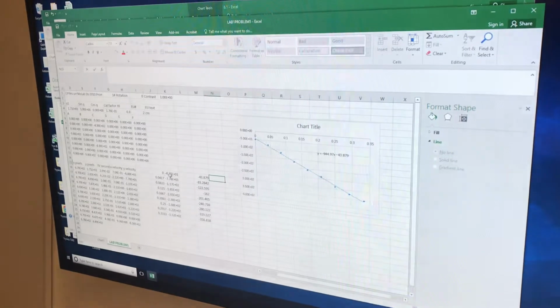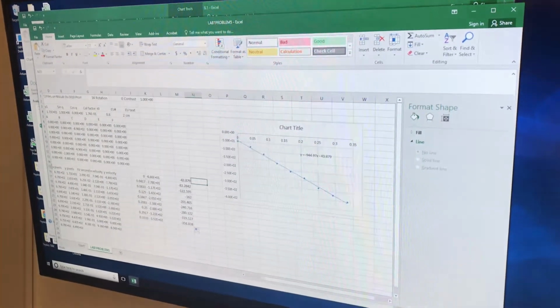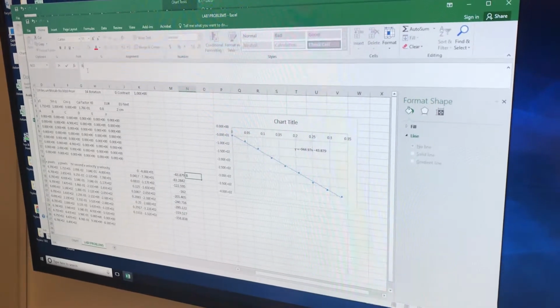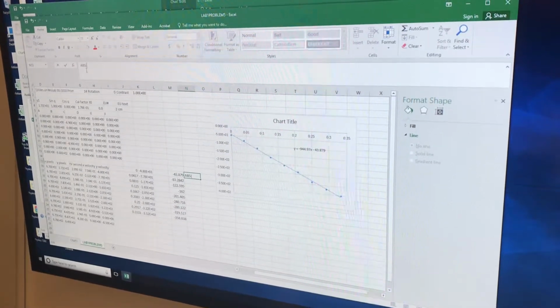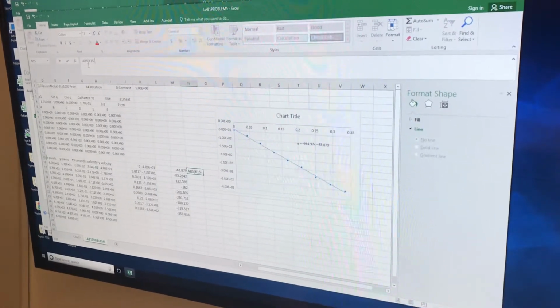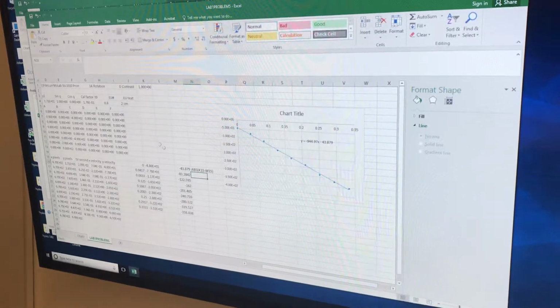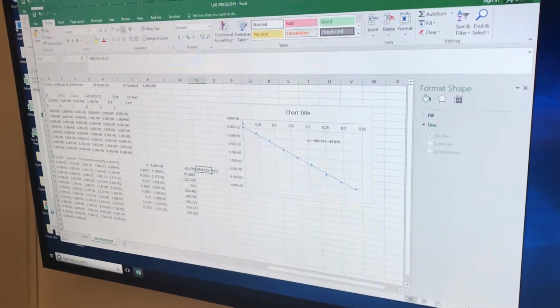So I'm going to do, this is our measured column and this is our expected column. The absolute value of the measured column, so that's K15 minus the expected column N15. We have to make that equal sign.